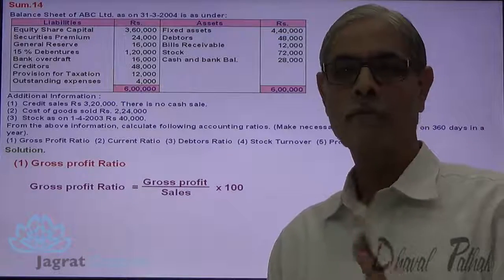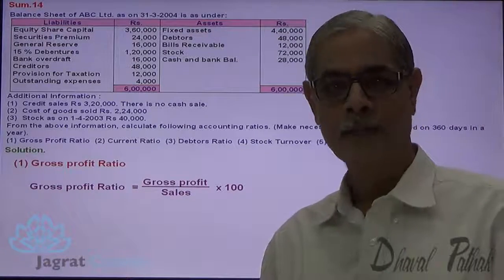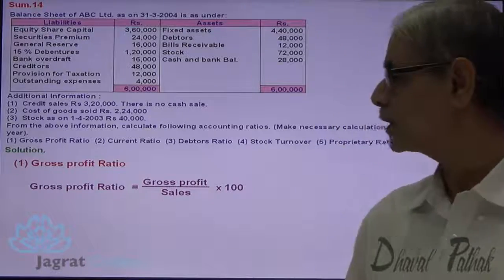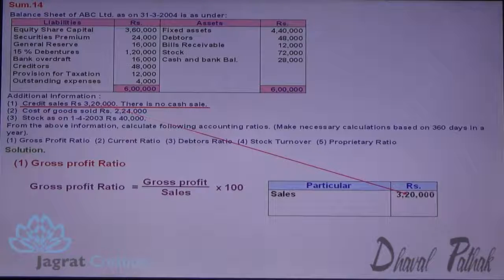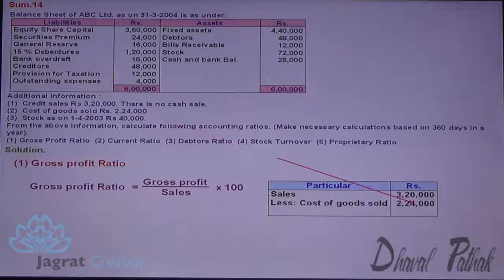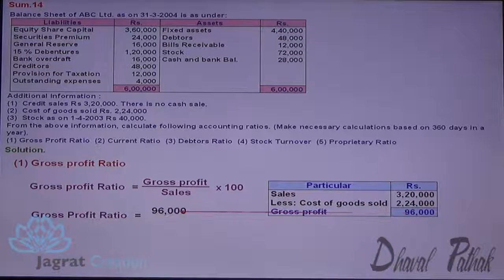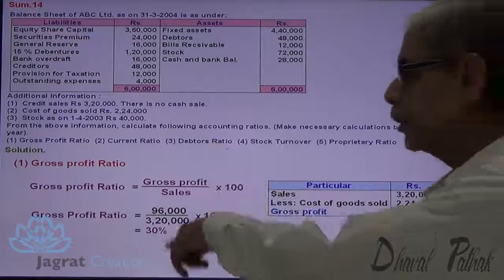Find it out by taking the difference between sales and cost of sales. Sales 3,20,000 minus cost of sales gives gross profit 96,000, divided by sales 3,20,000 into 100, 30%. Rate of gross profit is 30%.